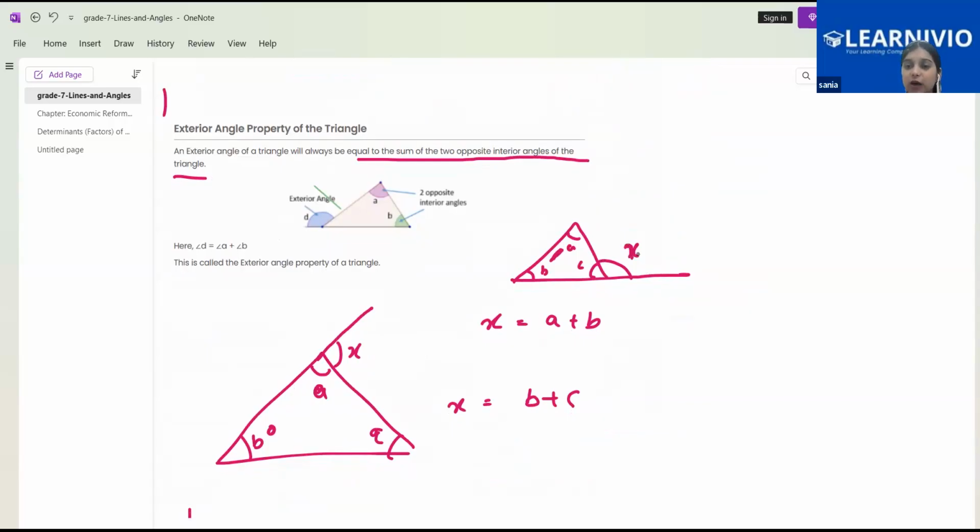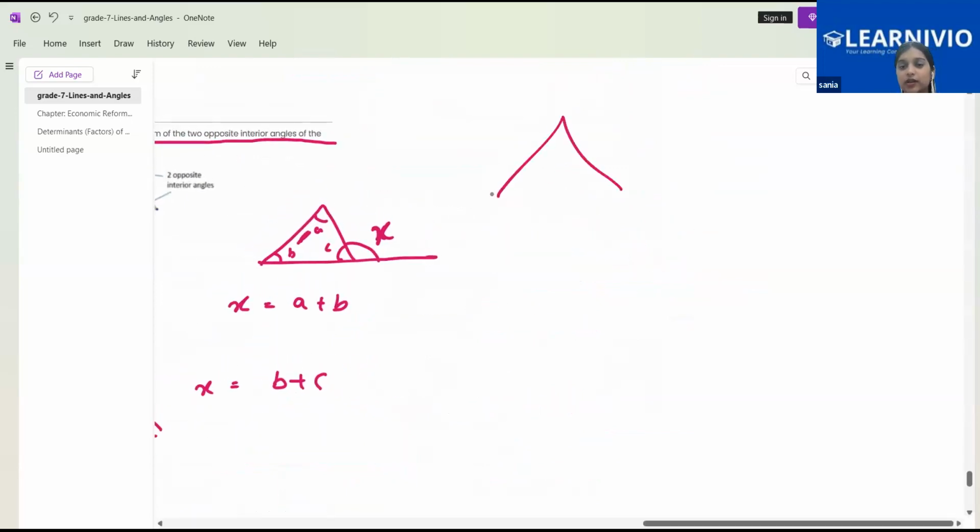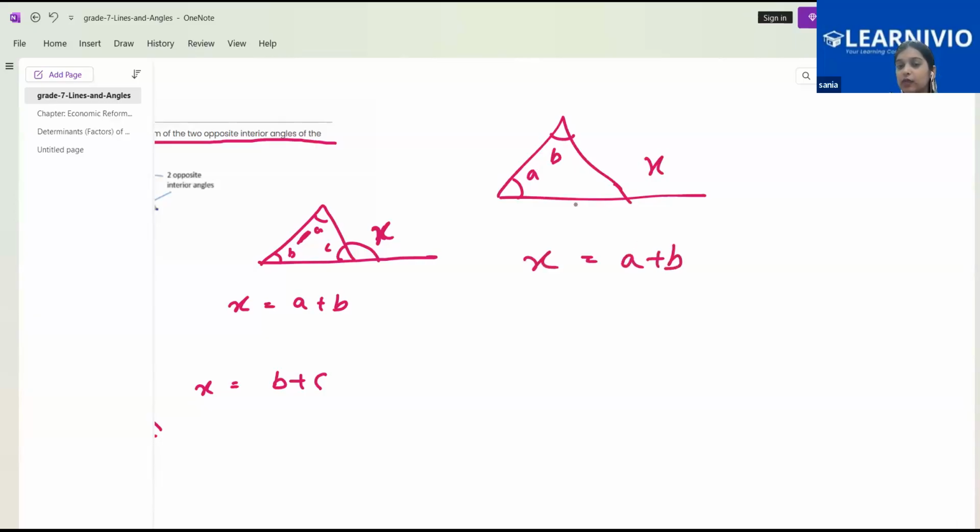So any angle which is outside, the sum of the opposite angles of the exterior angle is equal to it. So for example, if this is a triangle, this is A and this is B. So this X is opposite to A and B. If you have to find the value of X, you will add A and B and you will get the value of X. Now this one is the adjacent angle, this C1.